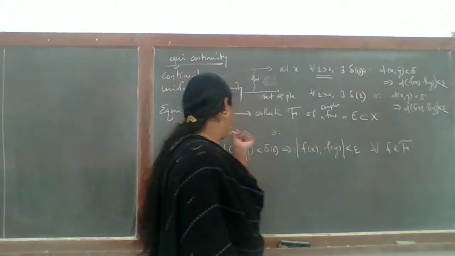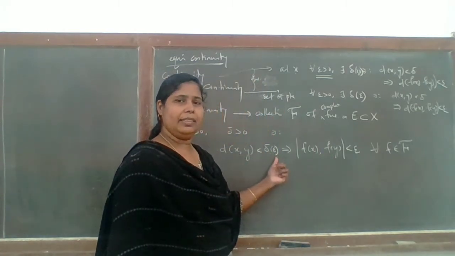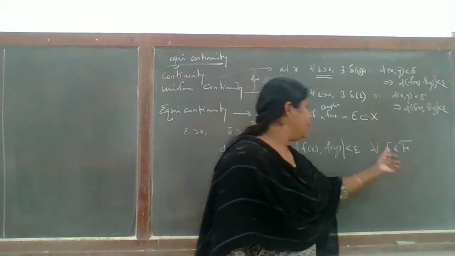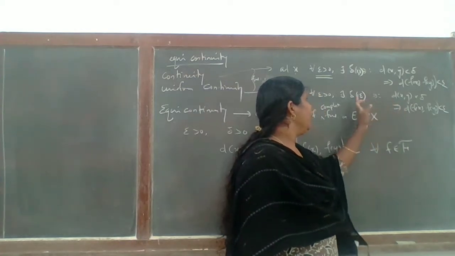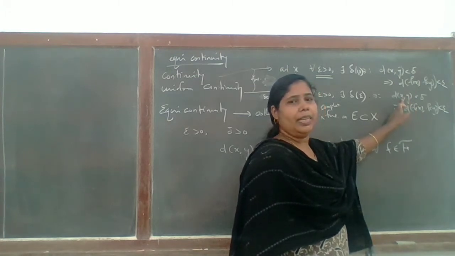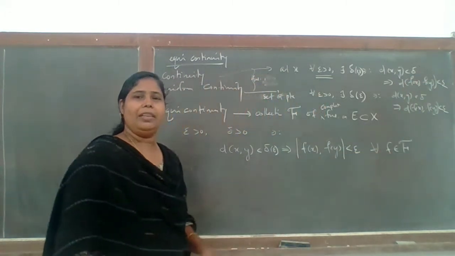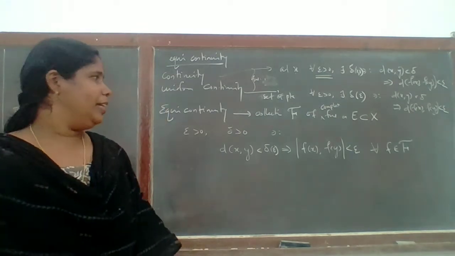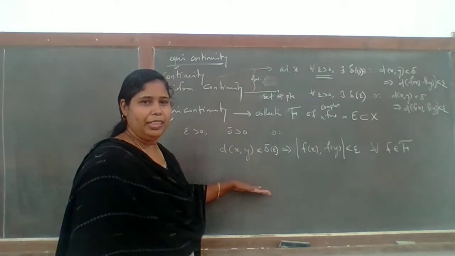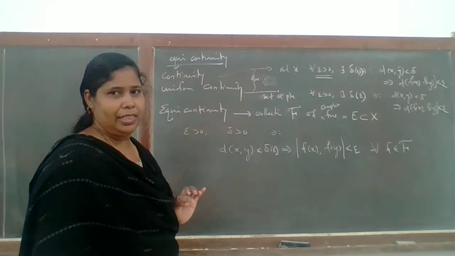We have to get a common delta for each x, y satisfying this condition and for each function. Here we have to get a common delta for all x, y satisfying this condition, but for a single function. But here we need to get the common delta for every function. Okay, so this is much stronger. So continuity, uniform continuity, and equicontinuity.